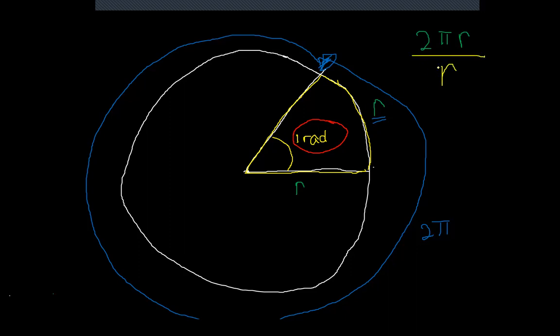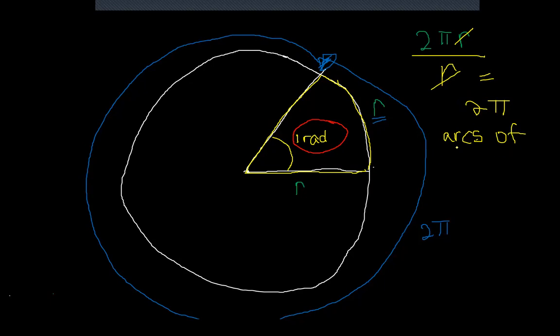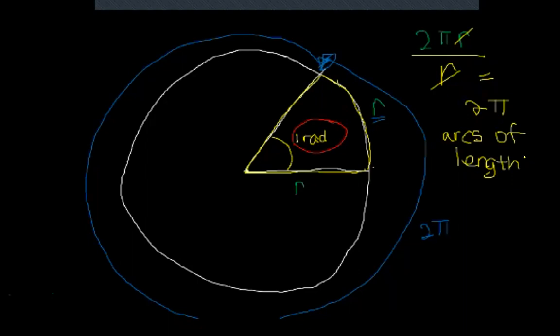Divide. They would cancel, and that's how you get 2 pi arcs of length r.